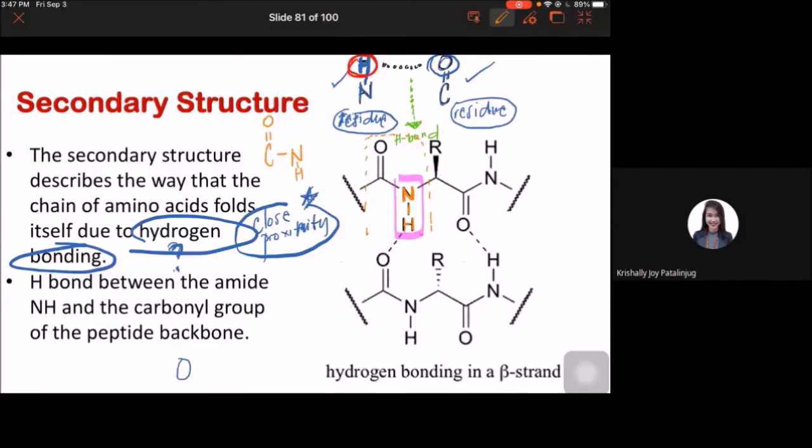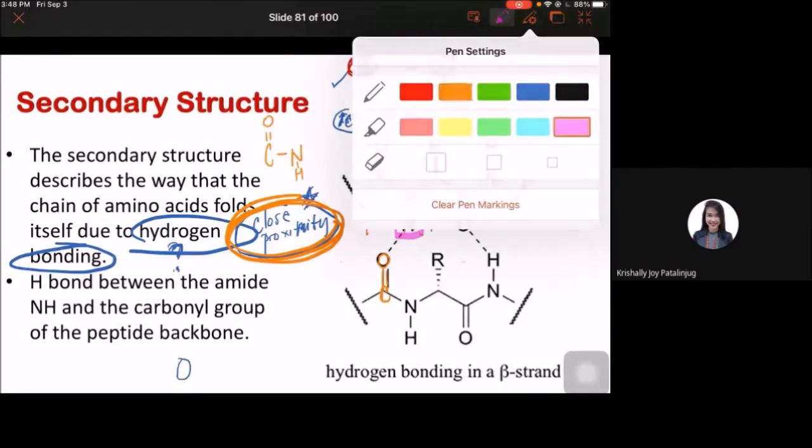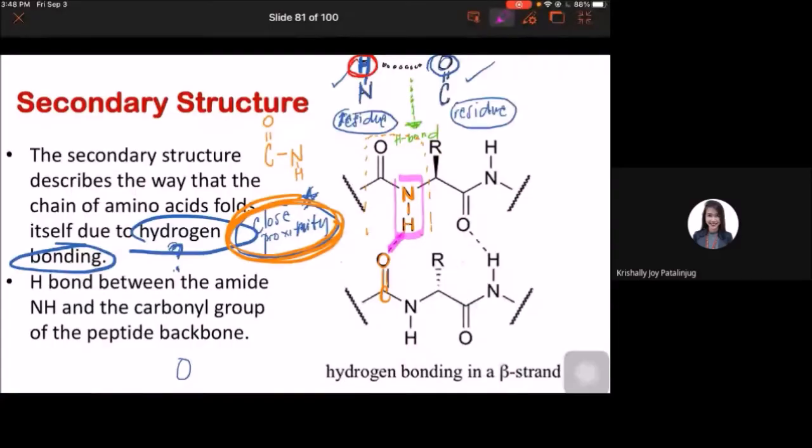So that is the amide NH, and then the one below is the carbonyl: carbon, double bond, O. As you can see, it is a different amino acid, a different residue. Again, because of close proximity, the atoms come near each other and a hydrogen bond forms. Similarly on this side, this is the carbonyl oxygen and the amide NH, and again there is a hydrogen bond.